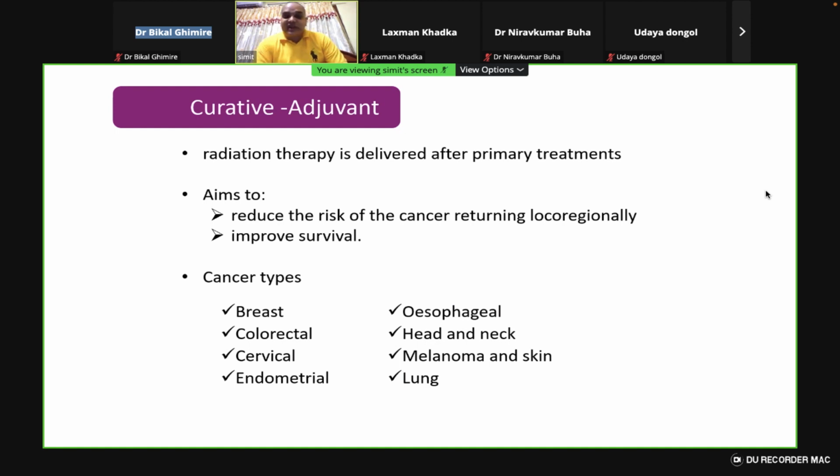So adjuvant is when radiotherapy is delivered after primary treatments, mainly surgery. The aim is to reduce the risk of the cancer returning locally and improve survival. Some sites where we give adjuvant treatment are breast, rectum, cervix, endometrium, esophagus, head and neck, especially oral cavity, some skin cancer, and lung cancer.